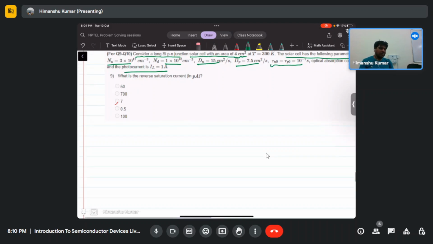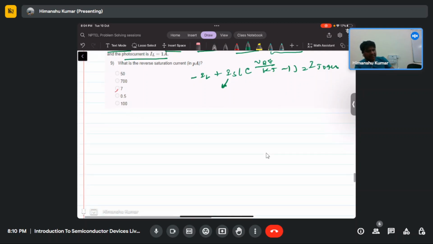As you know, IL plus I saturation exponential of VBE by KT minus 1 equals I total. So this I saturation comes from the solar cell device PN junction parameters.